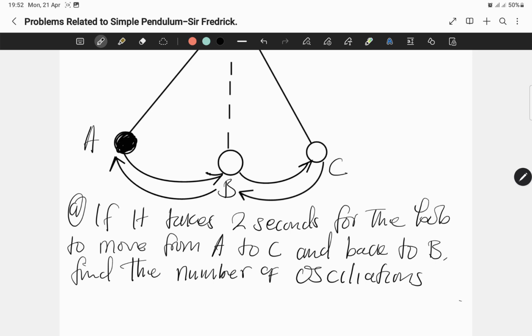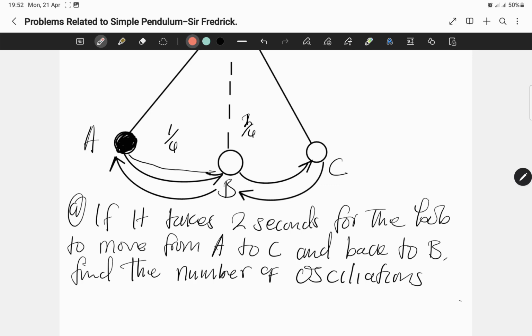Since we know that the bulb has to move from point A through B, C, and back to A again to make one oscillation, how many points does it move? It moves 4 times. So if it moves from this direction to there, it's going to be 1 out of 4. Then from there, it's going to be 2 over 4.